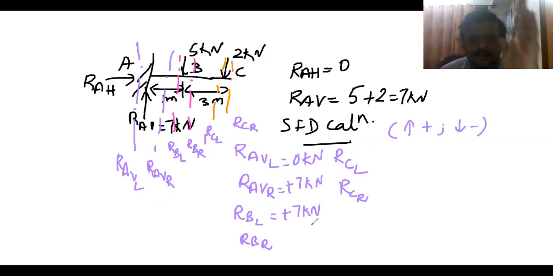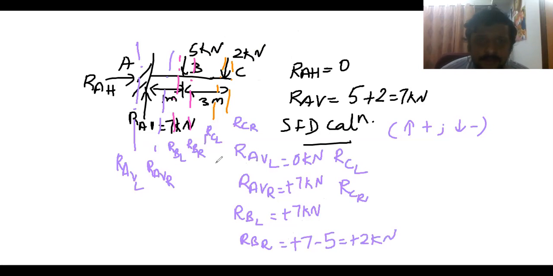And if I place my hand at RB right and go to the left, there is one force going down. So plus 7 and minus 5, because it's going down, so plus 2 kilonewton. And RC left also is the same, there's no force further, so it will be the same as the previous one, 2 kilonewton. And at RC right, if I place my hand there, 2 kilonewton going down. So plus 2 and minus 2 will be 0.